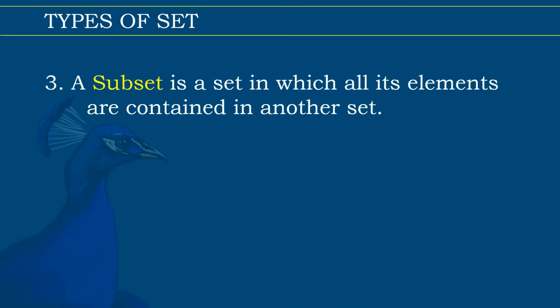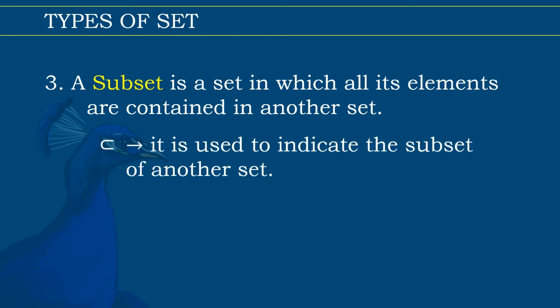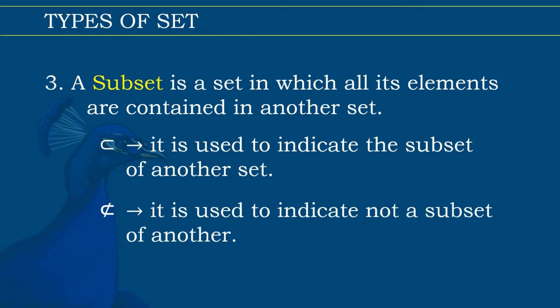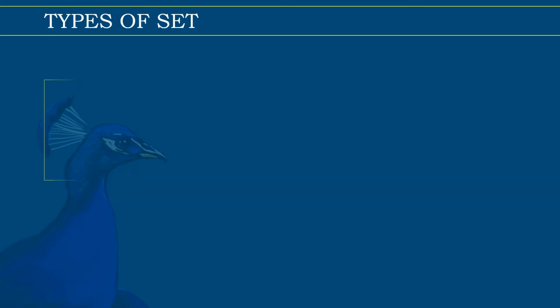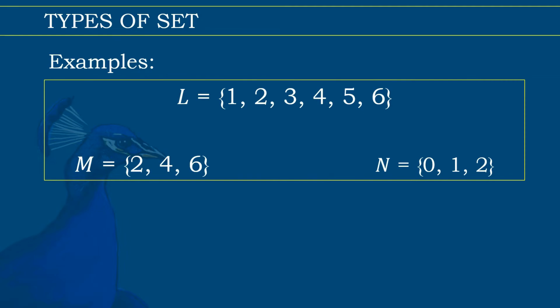A subset is a set in which all its elements are contained in another set. We use this symbol to indicate the subset of another set and this symbol to indicate not a subset of another. Let us consider these sets as examples.